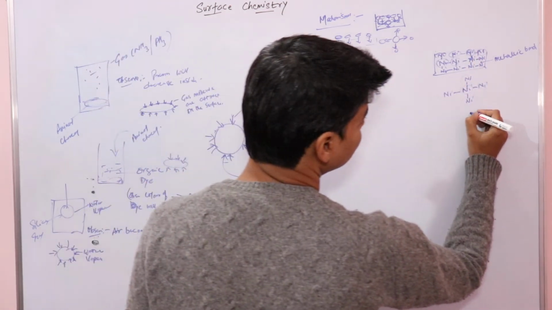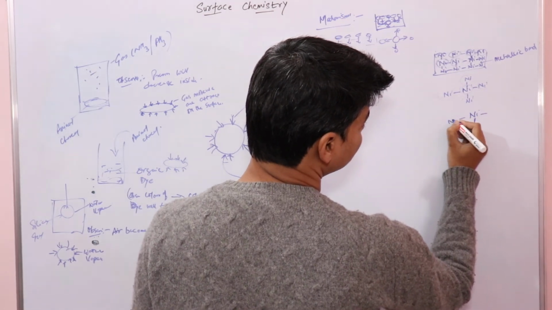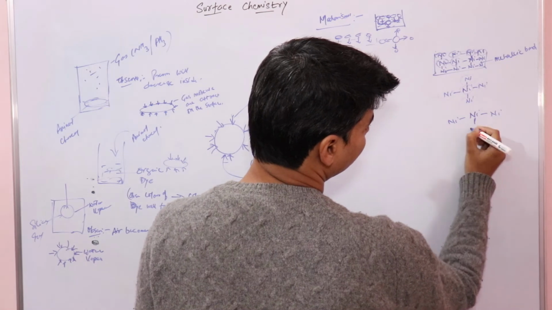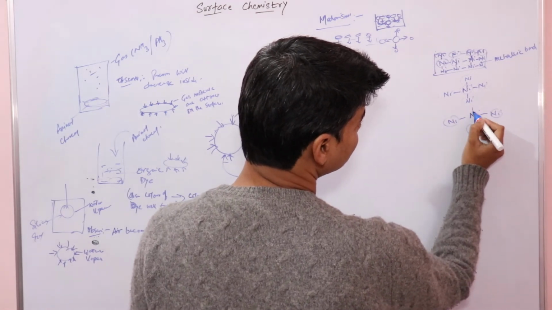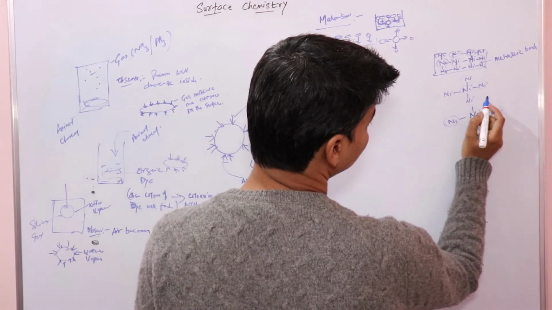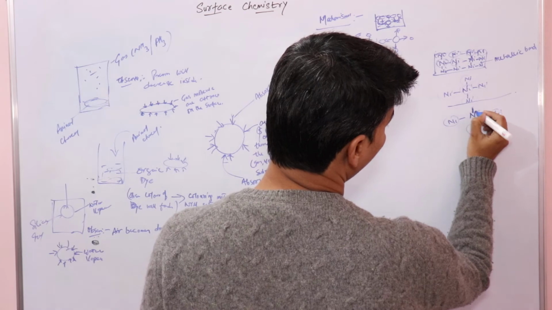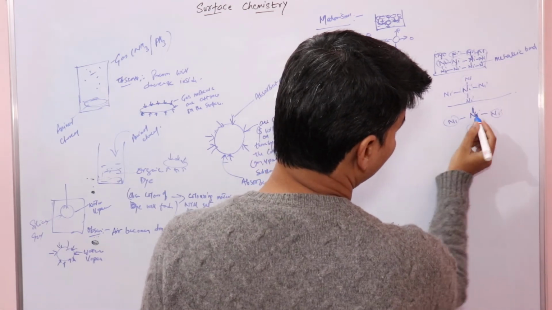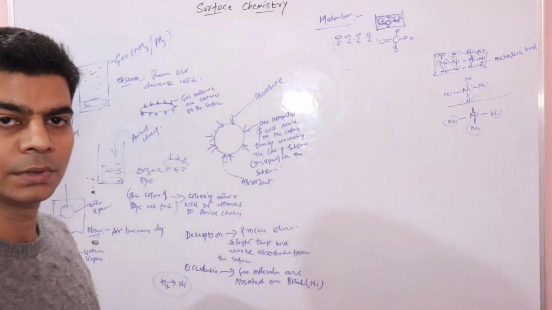If we talk about this nickel atom, this would be attracted by these nickel atoms. But at the surface, there is no nickel atom to satisfy this valency. There is no nickel atom that will attract this nickel atom from this side.